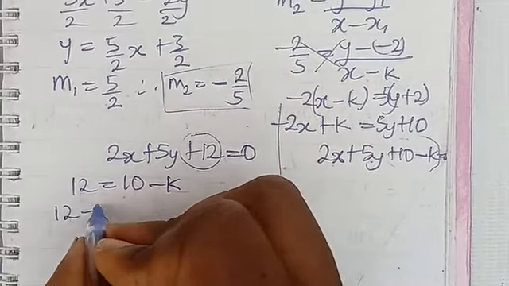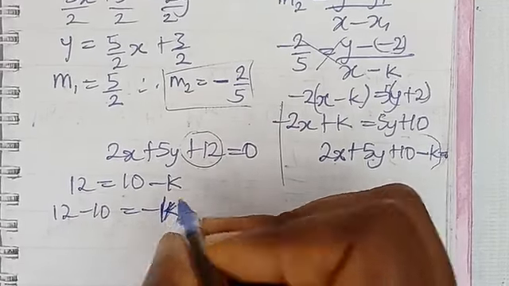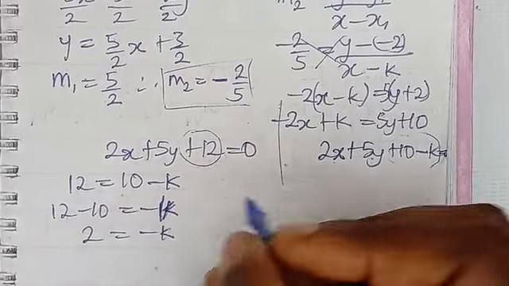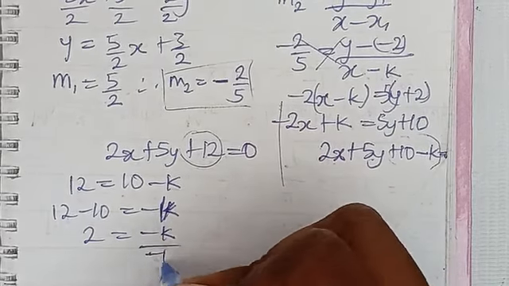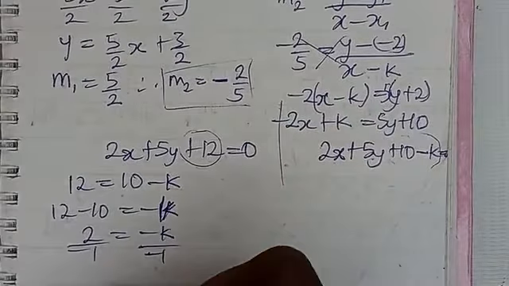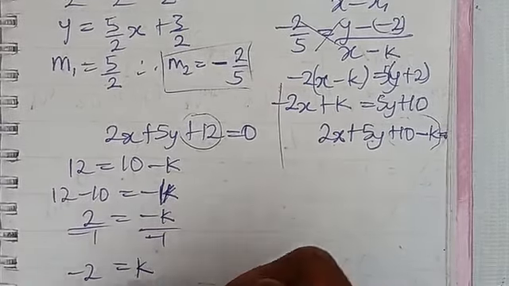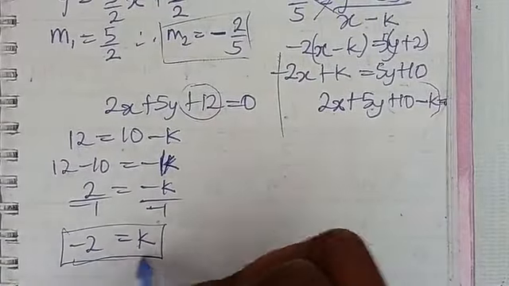We have 12 minus 10 is equal to negative k. So we have that 2 is equal to negative k. We divide by minus 1 so that the k can be positive. We have that negative 2 is equal to k. So k is equal to negative 2. So that is the value of k.